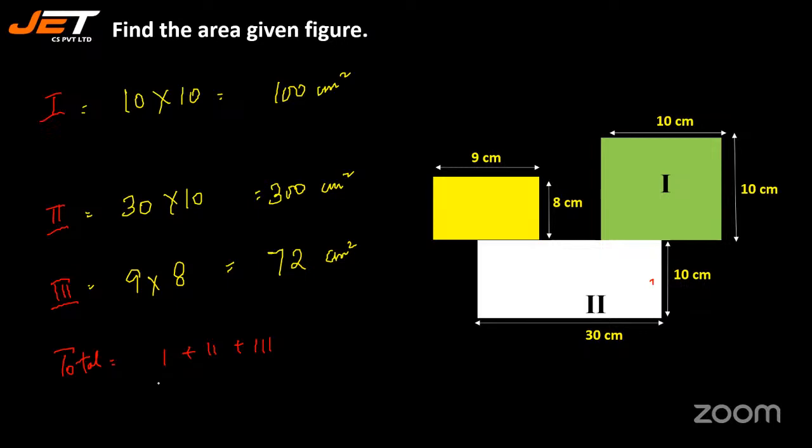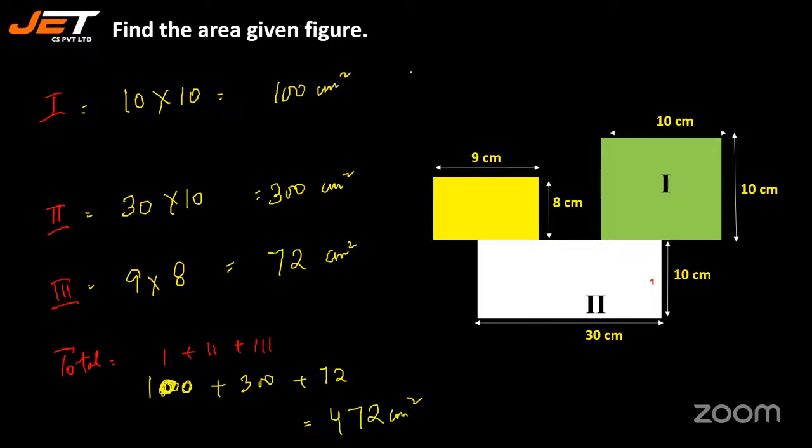So here it's 100 plus 300 plus 72, which is equal to 472 centimeters square.